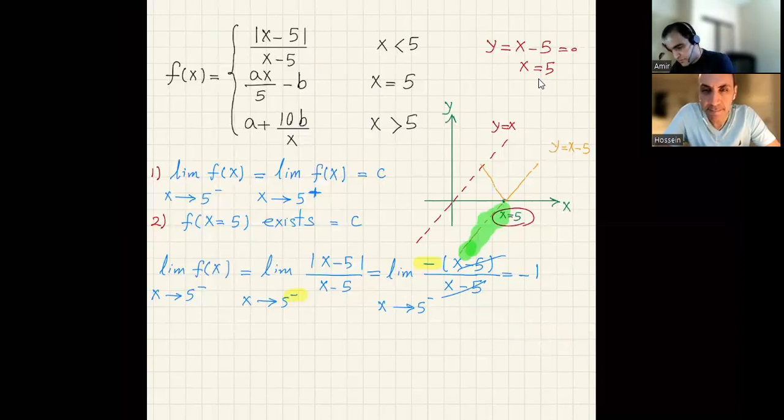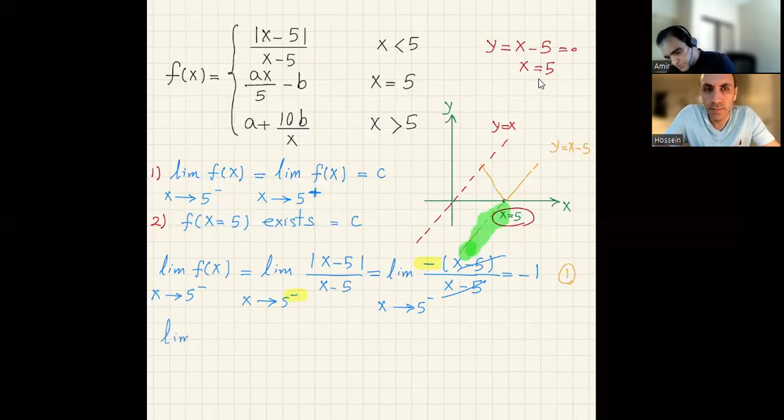Okay, that's one condition here. We just looked at this condition. So we now look at this condition. Let me just call this one number 1 here.